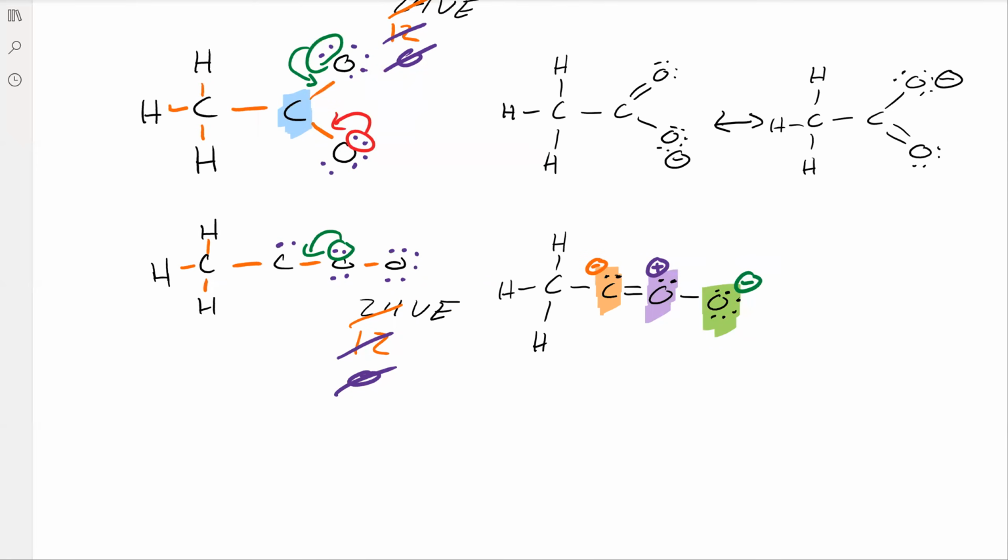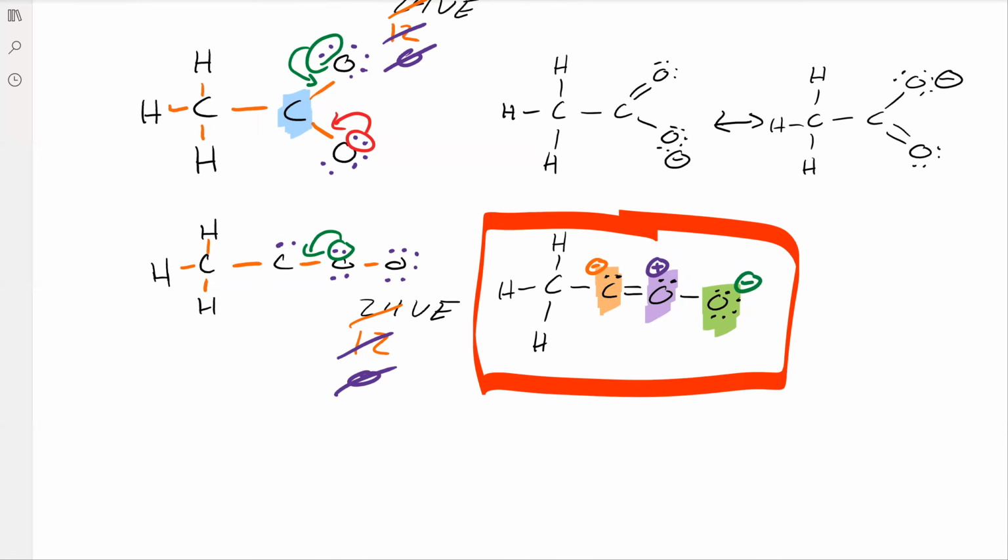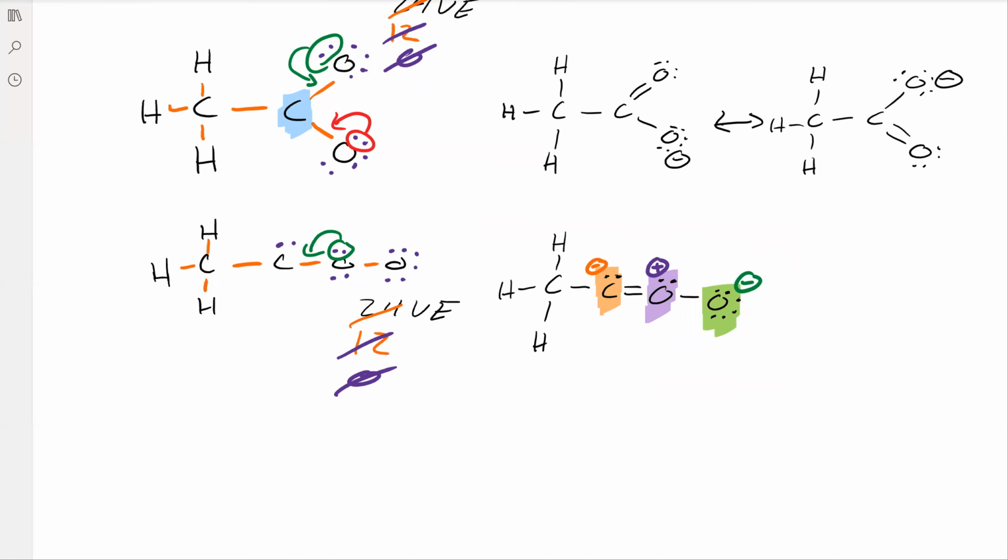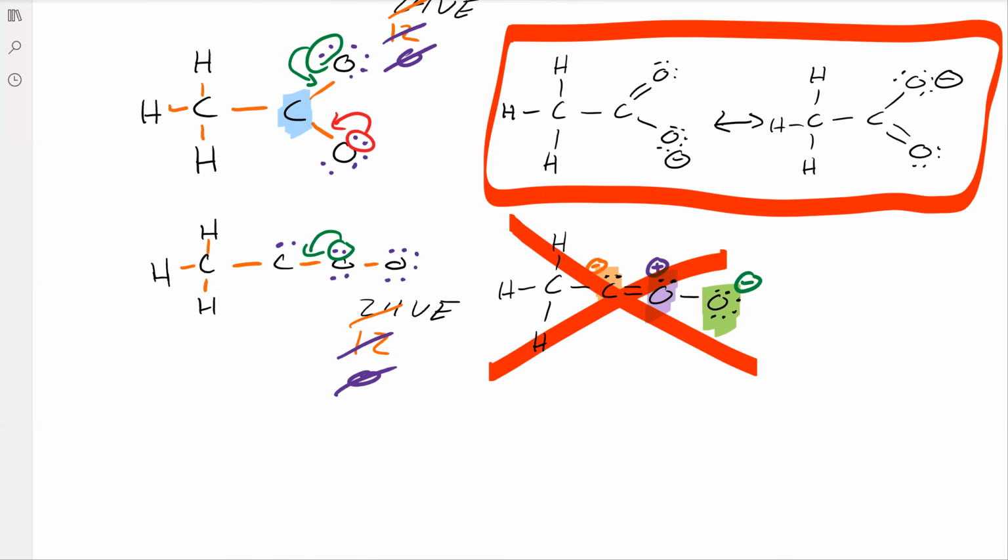So you can see that this structure right here has 3 separate formal charges. We've got a negative charge on a less electronegative atom and a positive charge on a more electronegative atom, both of which are not good. We've got formal charges right next to each other, which is also not that great. So for those reasons, this structure is not good and this structure is good.